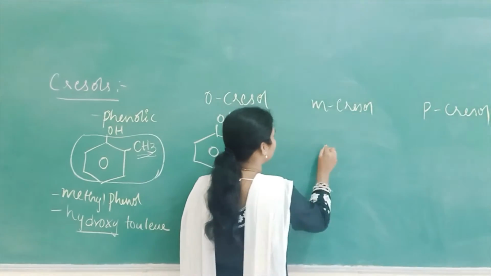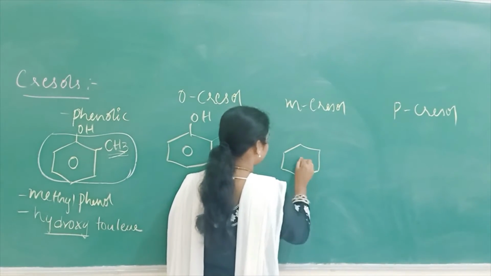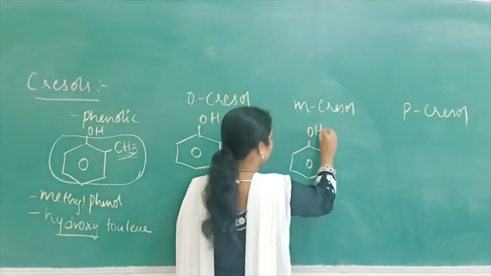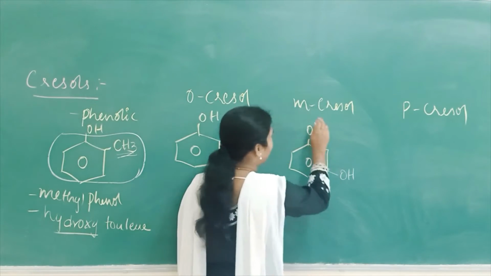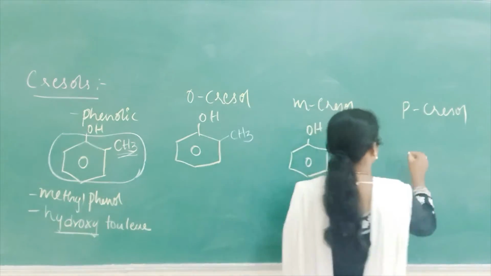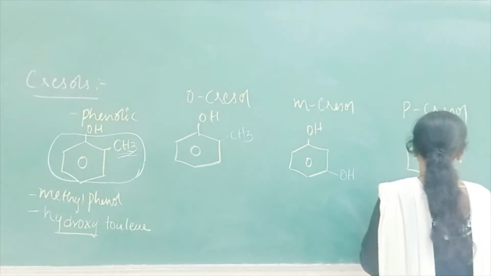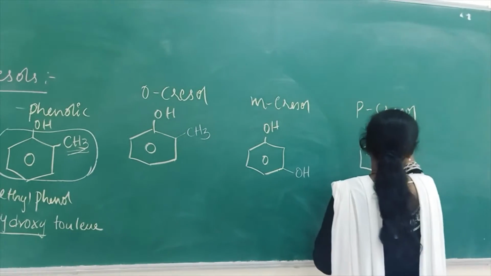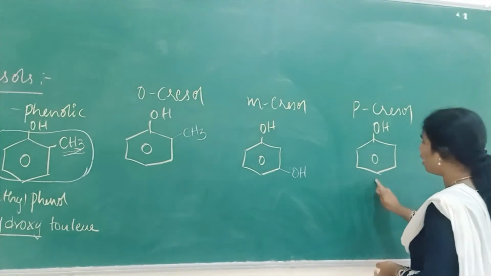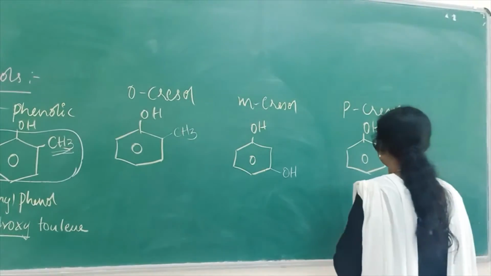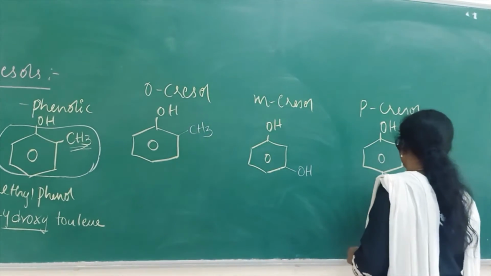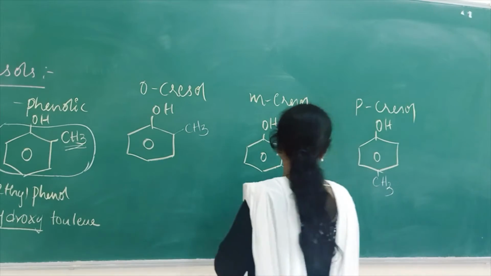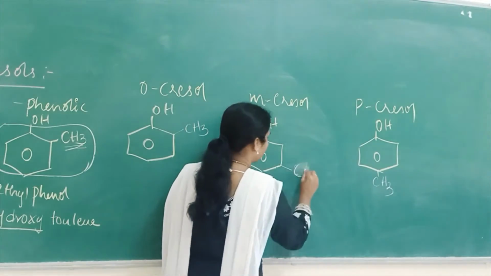Then metacresol, OH group, then this is the ortho position, this is the meta position, so this is metacresol. And paracresol, you can see para is exactly opposite to the key functional group, where you write the other functional group. It is called paracresol, here the methyl group.